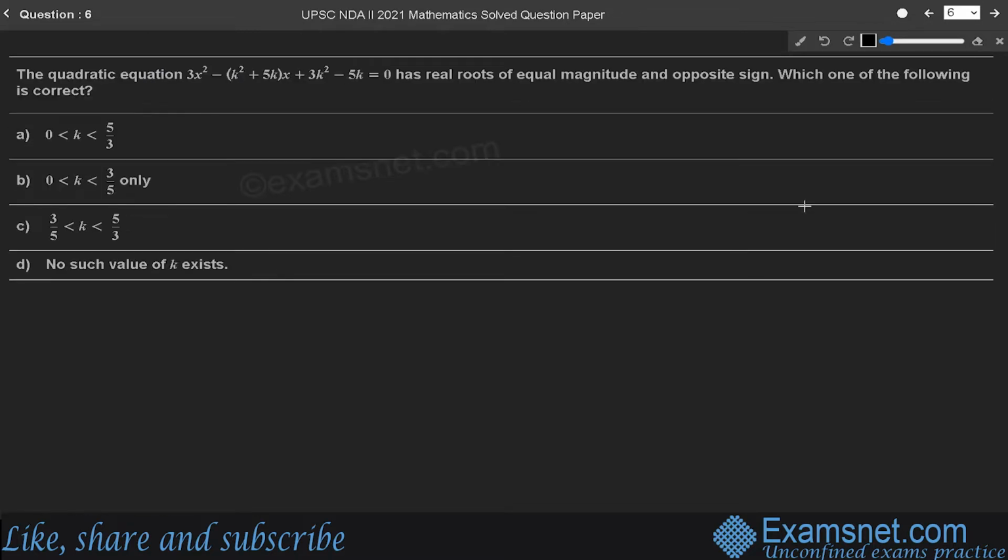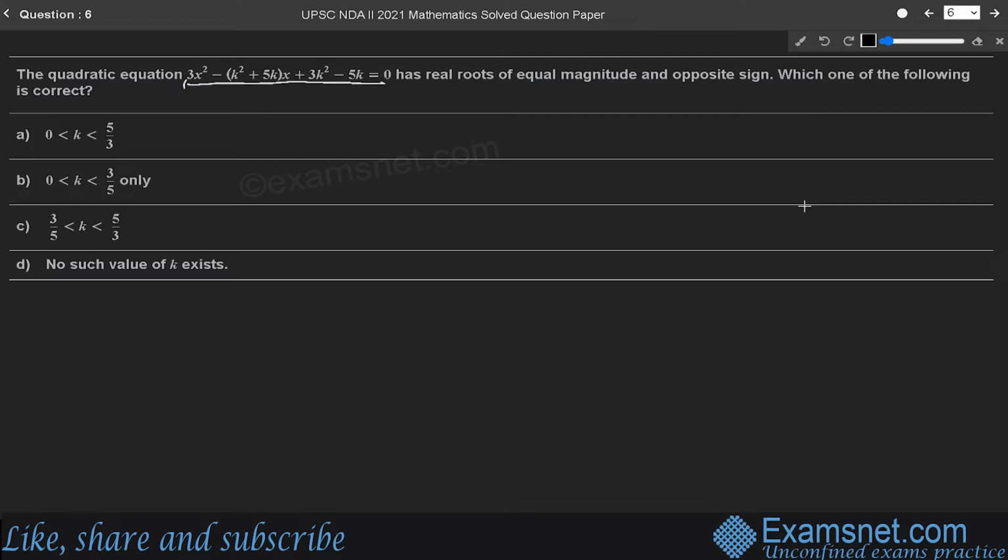Next question is, the quadratic equation 3x square minus (k square plus 5k) into x plus 3k square minus 5k is equal to 0 has real roots of equal magnitude and opposite sign. Which one of the following is correct? It is a question from quadratic equations, and this type of question always comes in exams.